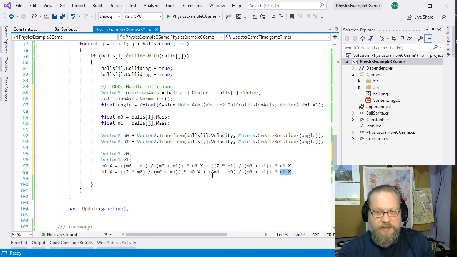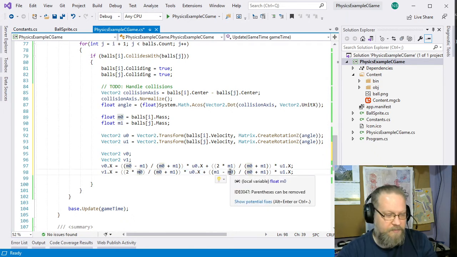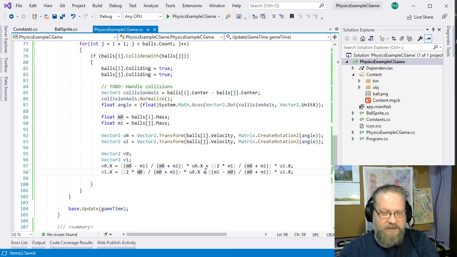Basically they end up swapping their velocities if they're the same masses, which would be the case if you're working with pool table balls. But if your objects have different masses, then you have to have this proportional relationship set up.